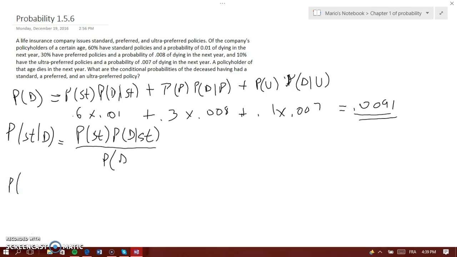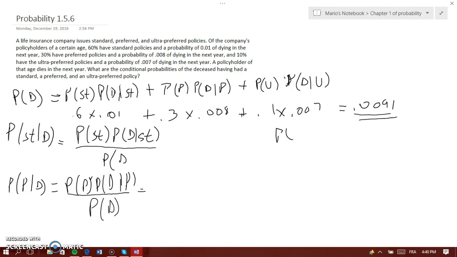The probability that you had the preferred given that you died would be the probability that you have the preferred times the probability that you died given you had the preferred policy, over the probability that you died. And the probability that you had the ultra given that you died would be the probability that you had the ultra policy times the probability that you died given you had the ultra, over the probability that you died.